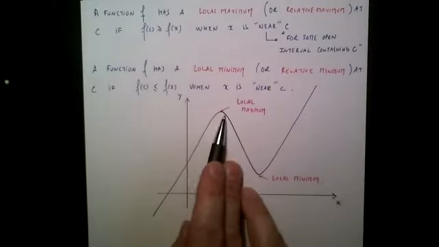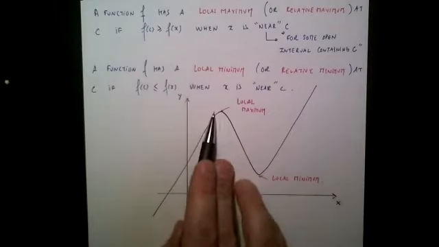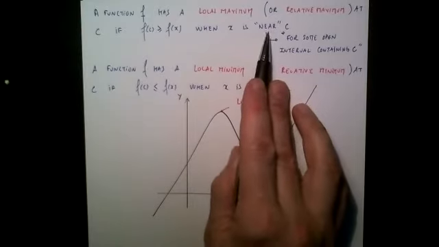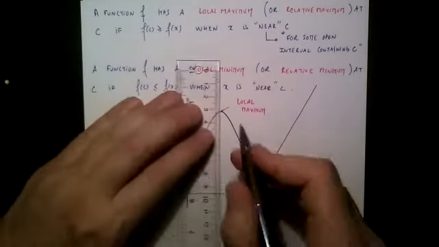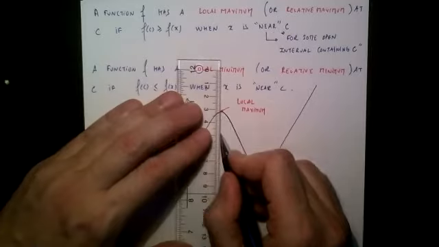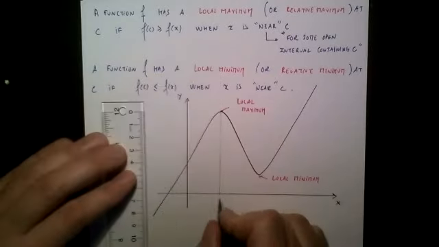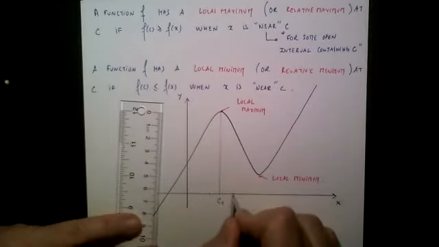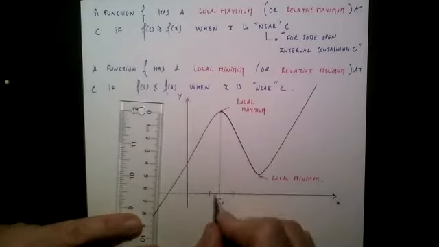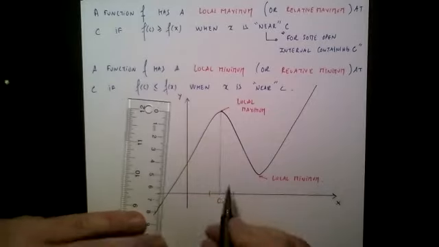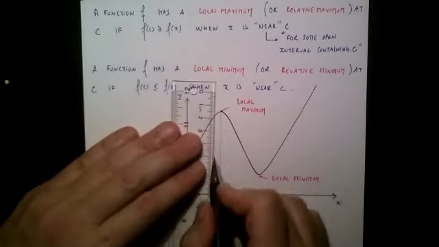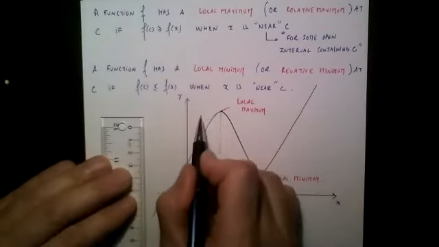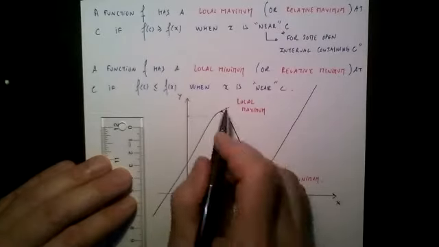Okay, so there's sort of a bump here. What we mean by near here is, let's call this C1. If I take an open interval around C1, every x in that interval has an f of x that is smaller than f of C1.